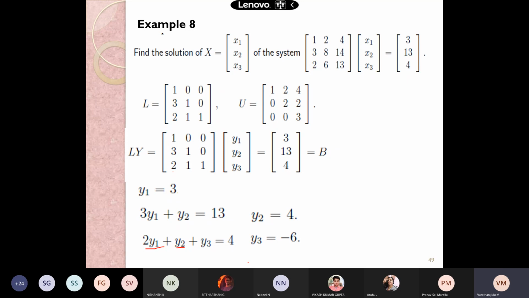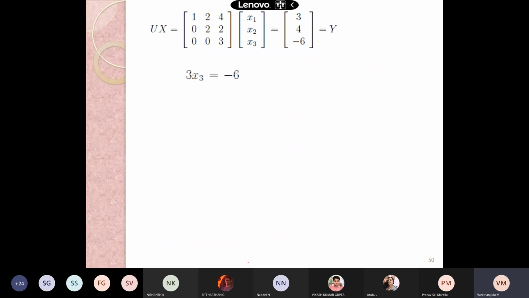Now I know the values of y. What was the earlier assumption? Ux = y. So my upper triangular matrix and my unknowns x1, x2, x3, I am equating this Ux to y. Therefore I am trying to get the solution from the bottom.